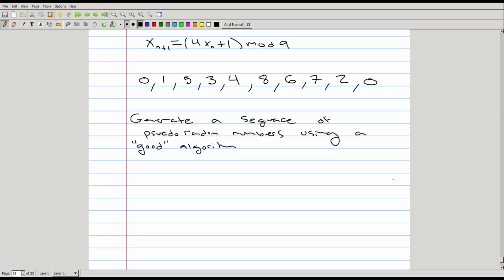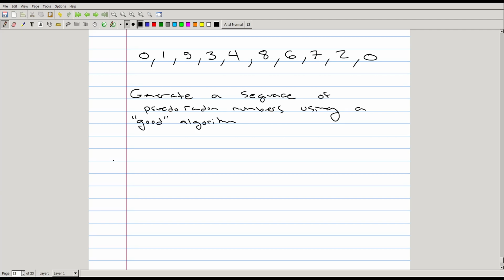And specifically, what we're going to do is compare this sequence to our algorithm that we've done so far. So the sequence of pseudorandom numbers I'm going to plot out as points, Ri star, Rj star. These are the points generated by that good algorithm.